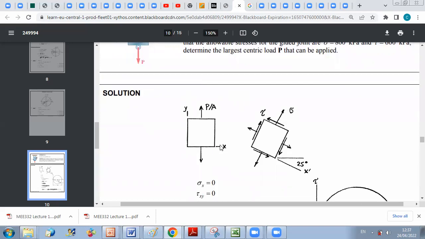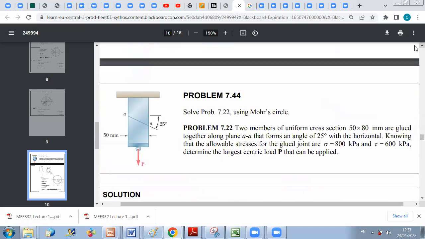In the normal plane XY here, if you do a cut like this, relative to this orientation, if I take this is X and this is Y, I have only stress along Y direction, normal stress along Y. I don't have along X and I don't have shear.